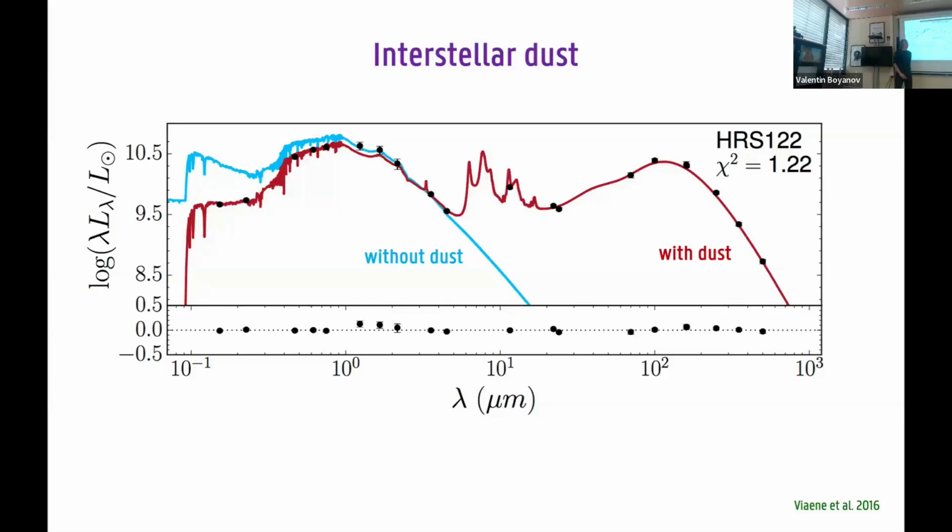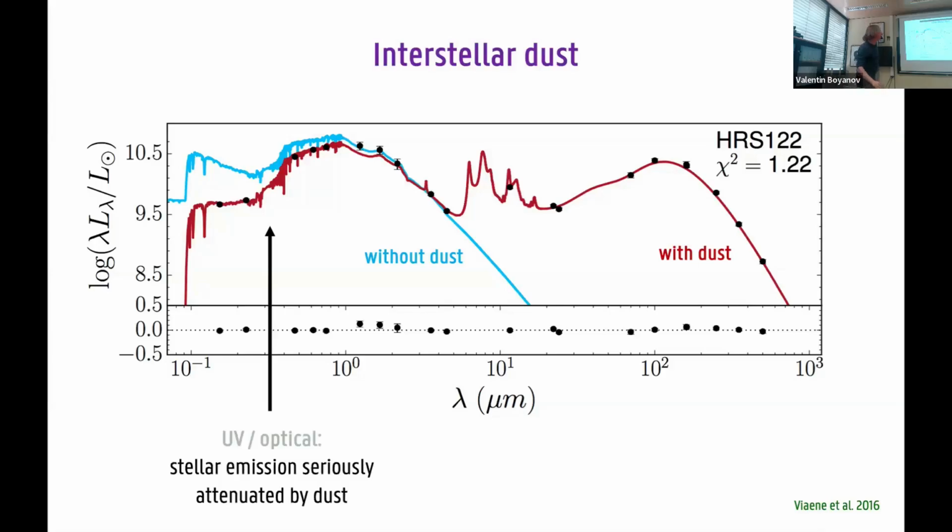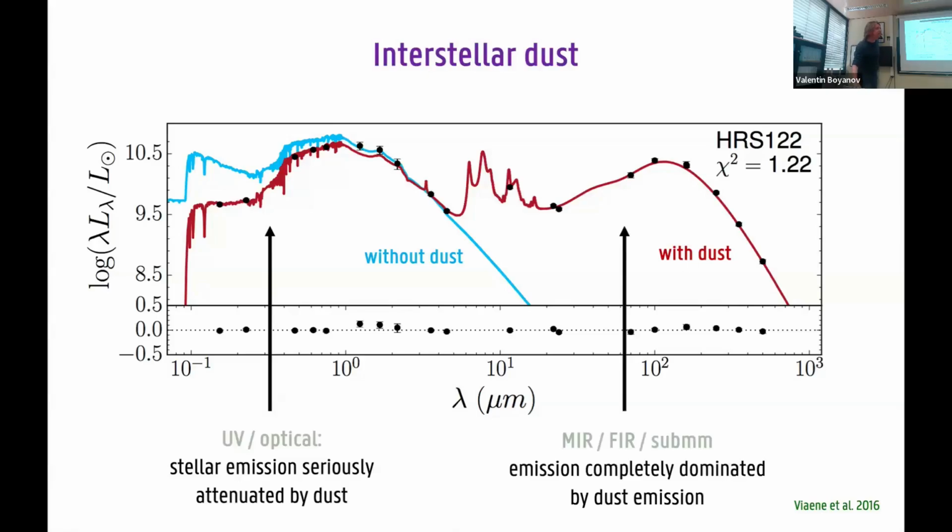It's completely different. Especially in the UV and optical, you have serious attenuation by dust. So dust eats away part of the starlight. And in the mid-infrared, far-infrared and millimeter, the emission is completely dominated by dust emission. So even if there's not much dust, it affects the way the galaxy looks completely.